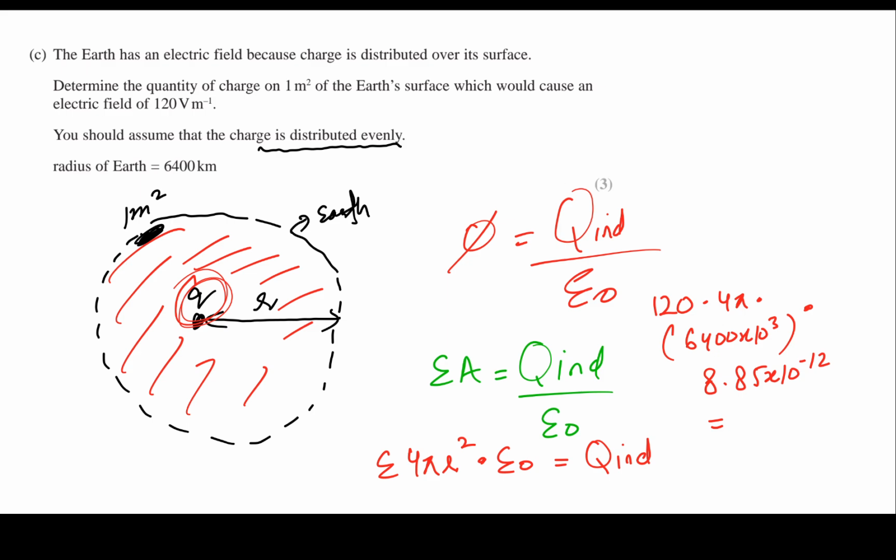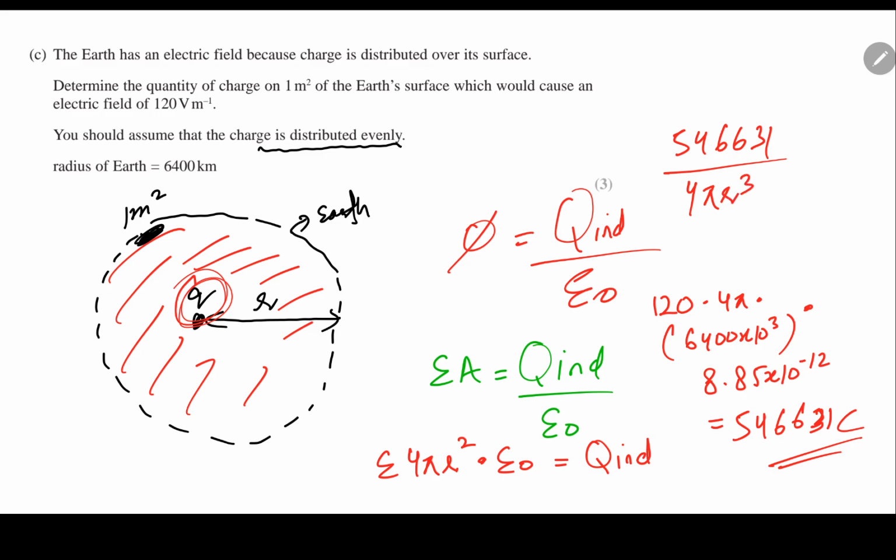Yeah, so it's going to be 546,631 coulombs. So most students would write this, and then they would divide 546,631 by 4 pi r squared, and that will give you the final answer, right?